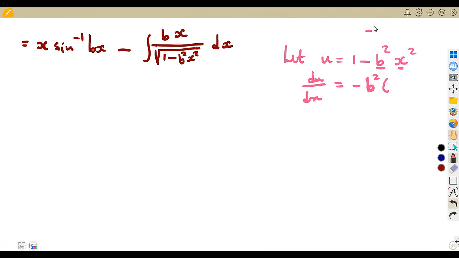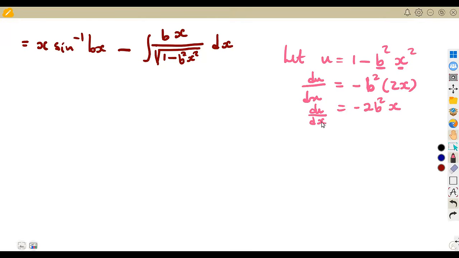If here there was a minus 2x squared, how do you differentiate? You ignore the minus 2, you differentiate x squared, you get 2x, and whatever you get, you multiply to that 2. So that is the idea, because b is a constant. If you differentiate, this will be 2x, so here we are going to have minus 2b squared x. So from there, this is our derivative of u with respect to x.